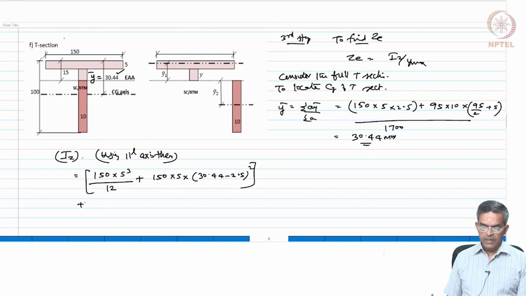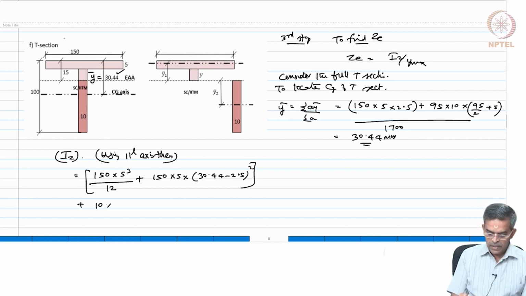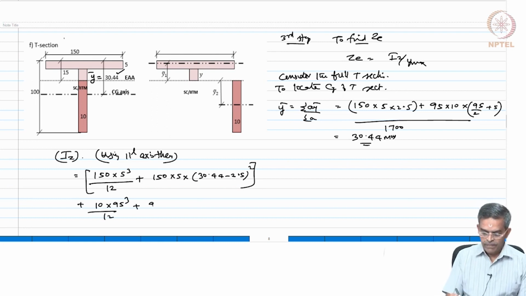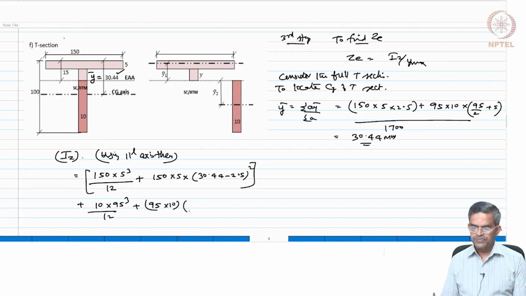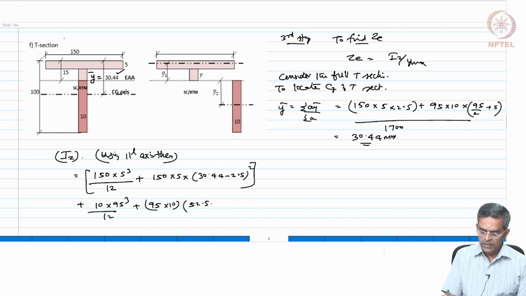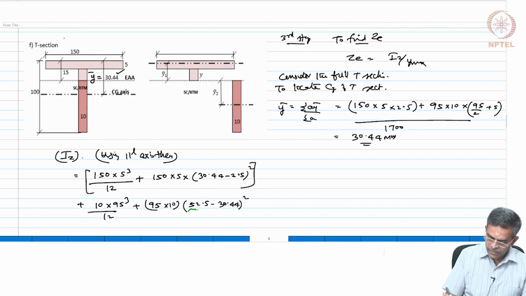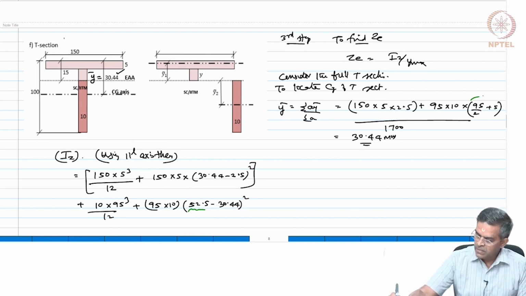Do it for the second piece: 10 into 95 cube by 12 plus 95 into 10 into 52.5 minus 30.44. How do you get this 52.5? It is exactly this.